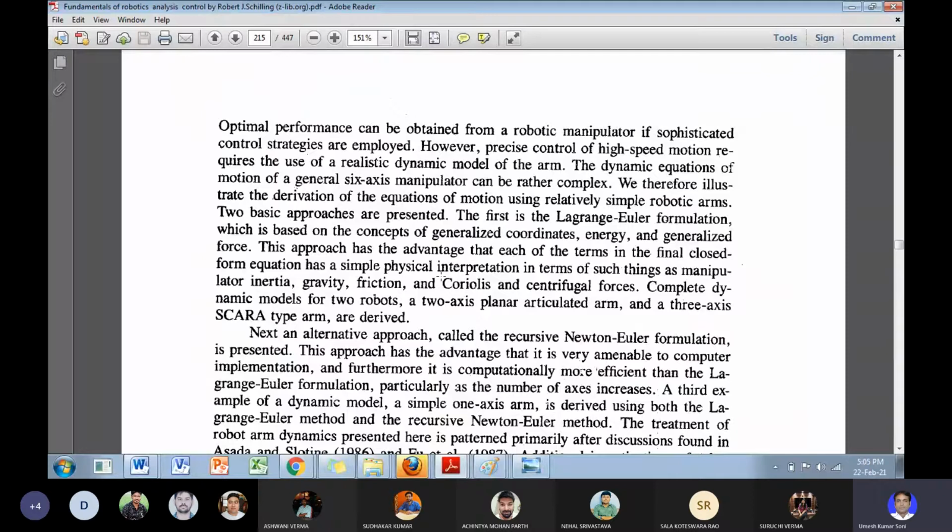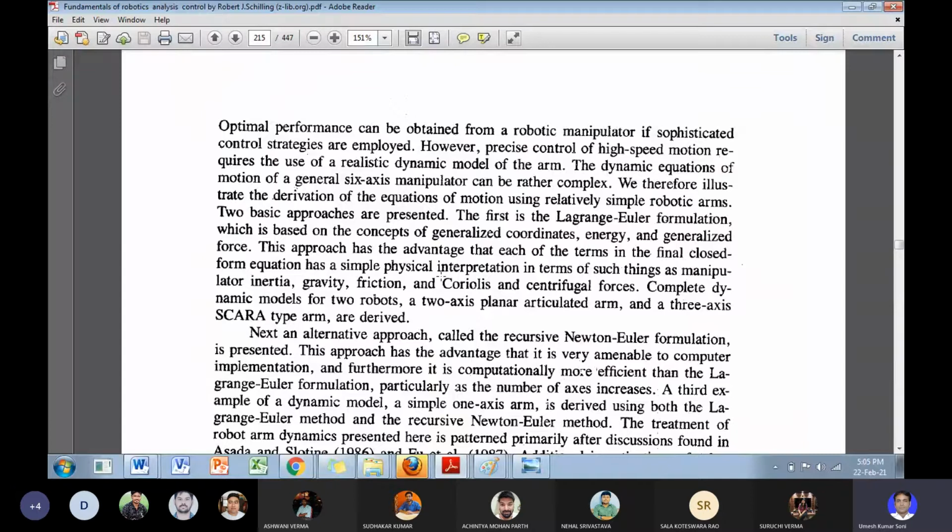Okay, partial differentiation of the Lagrange function with respect to qi dot. This is the velocity qi dot. So we take the partial differentiation of the Lagrange function with respect to the joint velocities, and here we take the partial derivative of the Lagrange function with respect to the joint positions.